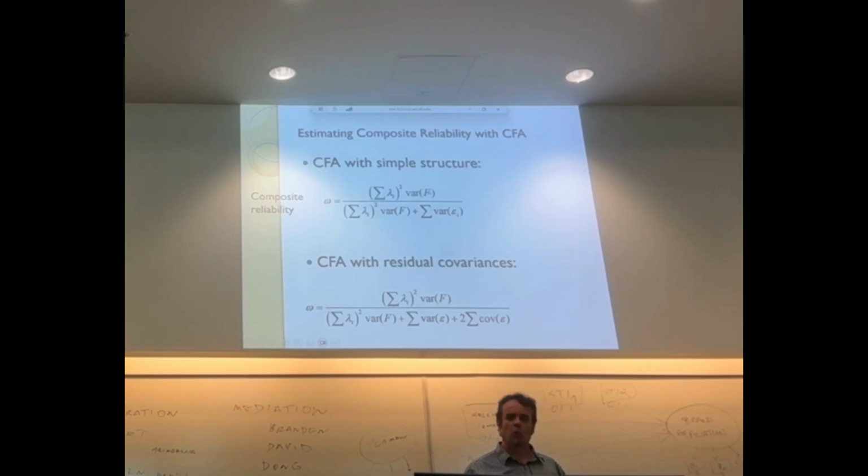You can set the factor variance to 1, so most of the time you can drop this. If you use standardized factor loadings, the factor variance will be 1, so you actually don't need this. So it's the sum of factor loadings squared divided by the sum of factor loadings squared plus the sum of error variances. There is also this alternative here if you had residual covariances, but most of you won't have them. Remember, residual covariances are usually due to method effects, and you should avoid having that problem.